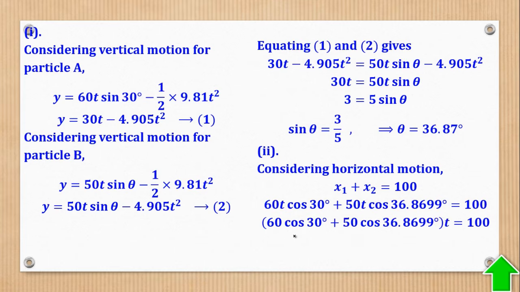Then I simplify: I've factorized out t. So when I remove t, I remain with 6 cos that and 50 cos this. Then I make t the subject, and I'll come up with that as the time they wanted.